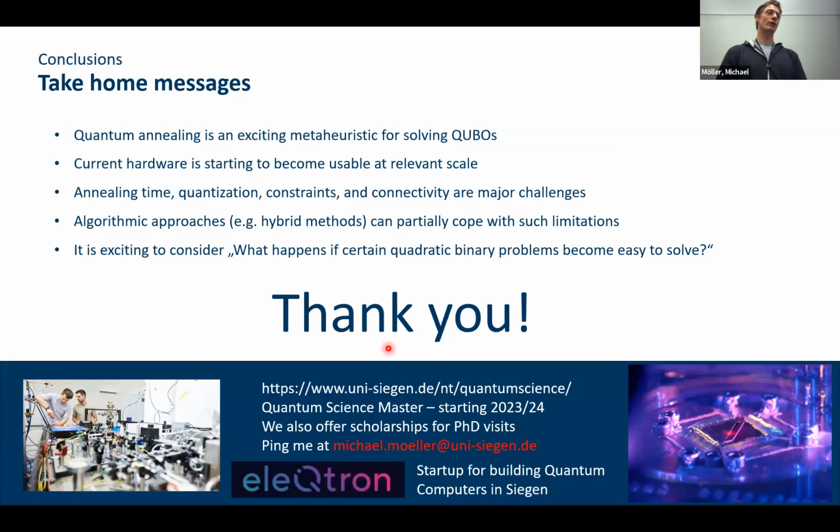On the side of hybrid solvers, I'm much more confident. Whether what I pitched at the very beginning, a pure quantum solution, is already good enough, for some problems maybe yes. With these constraints, you certainly need some extra idea on how to deal with them.